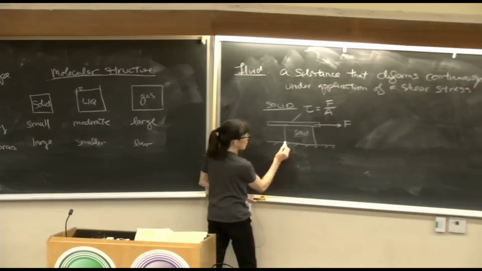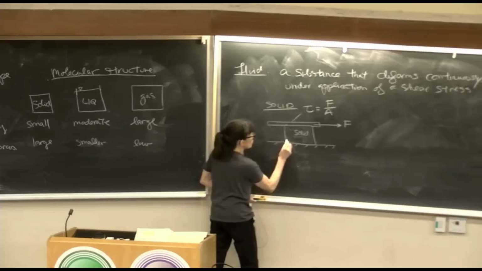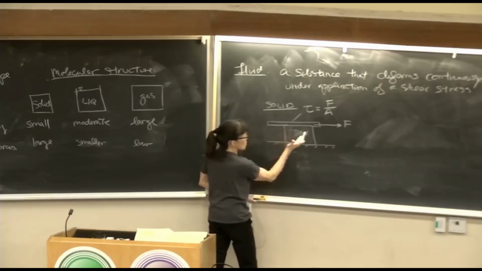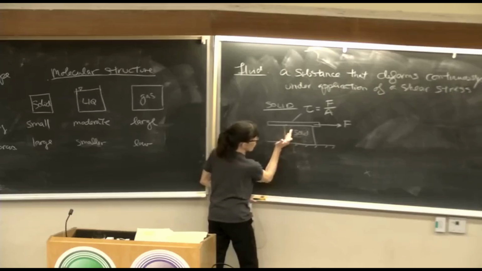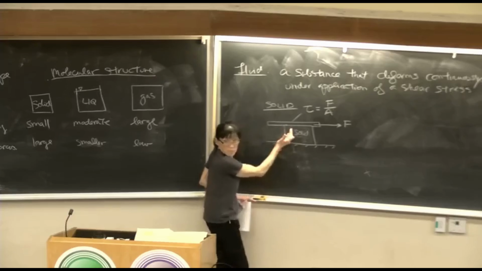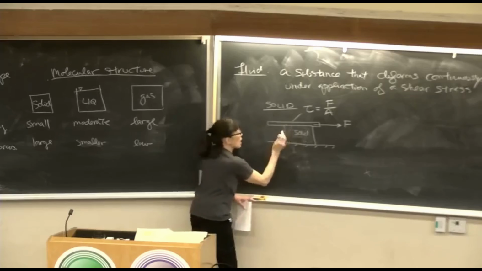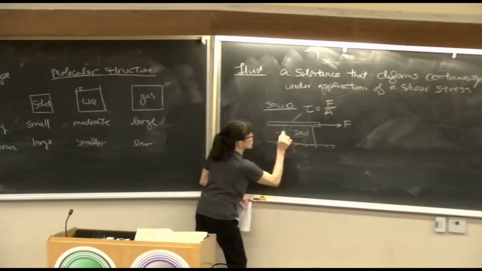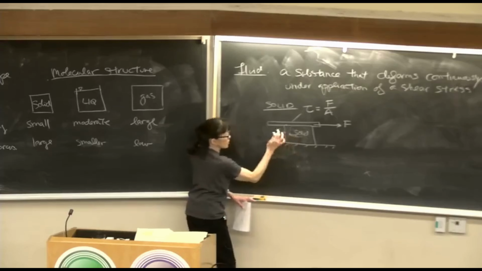So let's say we consider this vertical line, and that vertical is going to maybe end up here. And the solid will deform to some extent, and this deformation we might consider as this angle here, this angle theta.